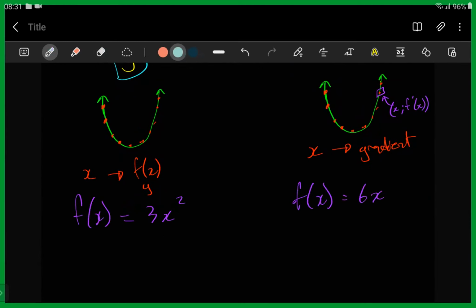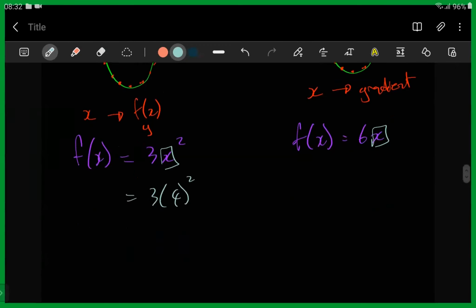If you put the same x value here and here, it gives you two different things. If x is 4, this gives you 16 times 3, which is 48. So this is a y value.